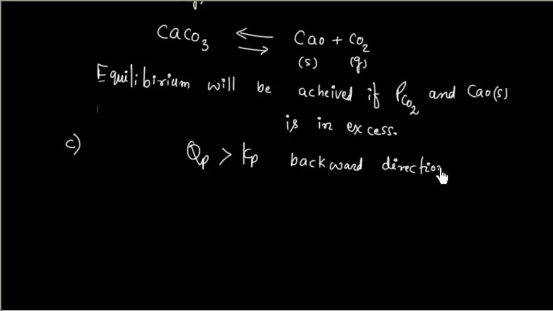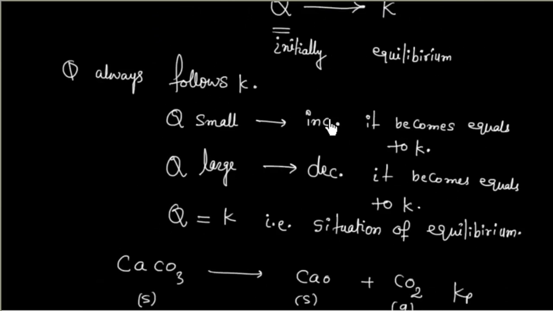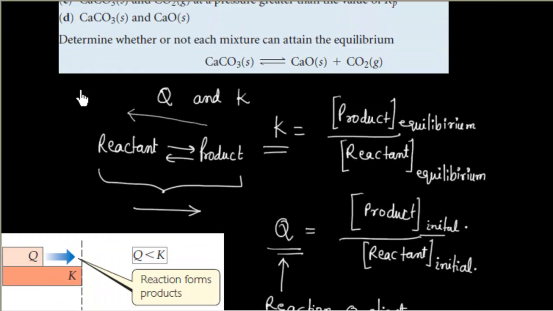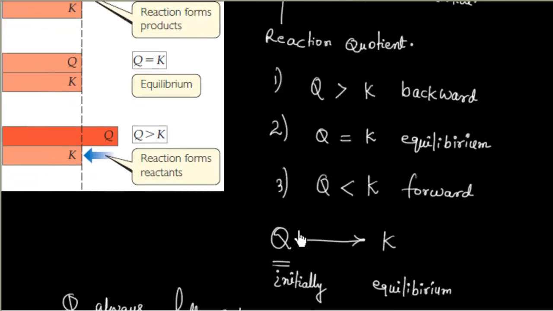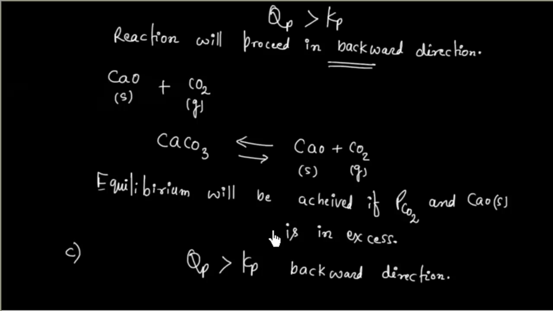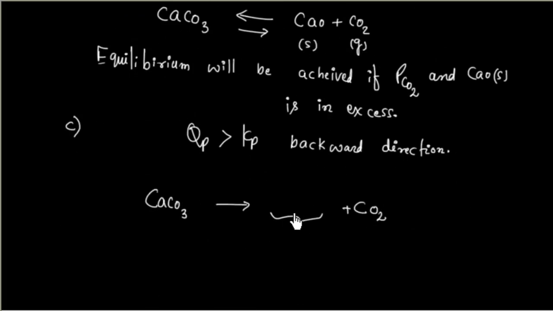And what are the things that are given? The question says it has CaCO3 and it also has CO2. Now it does not have CaO. If you see the question, it says it only contains CaCO3 and CO2 gas. The reaction has to go in the backward direction, but it does not have CaO, sorry.